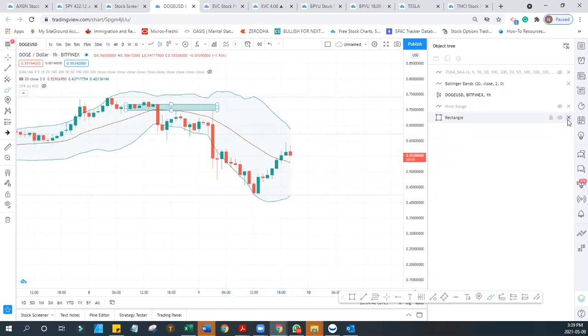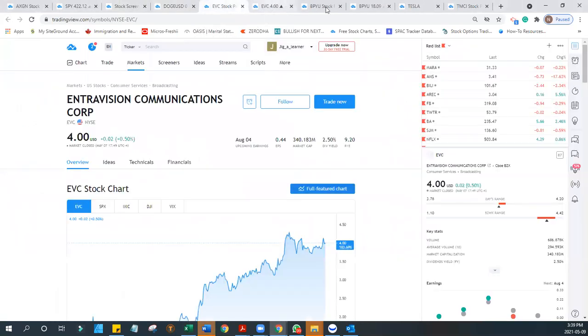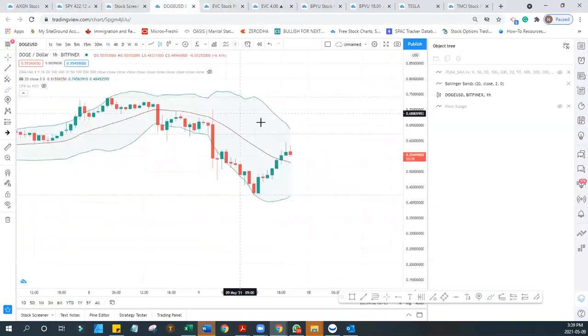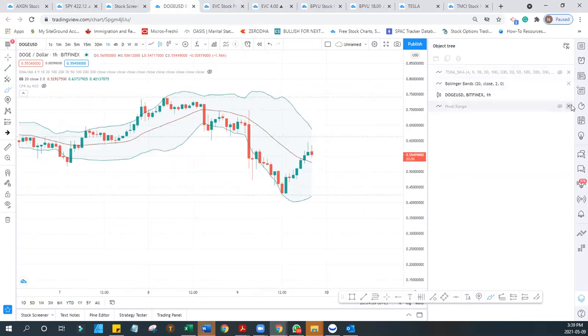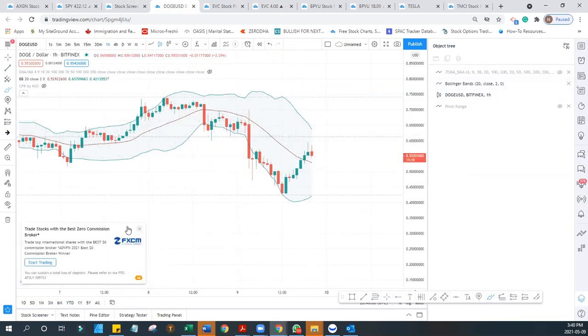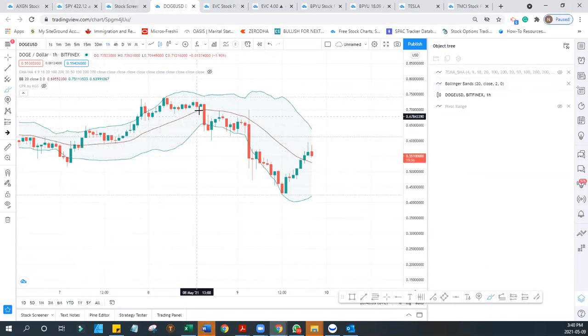The other point that you made, where SMA 20 will help guide you. Yes, so this is 20. That is also very precise, even looking at crypto. Whenever you see this one, this is 20. So 20 helps us. This will work as a good support as well as resistance.